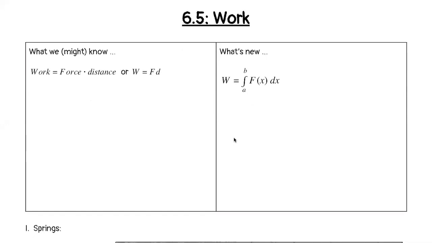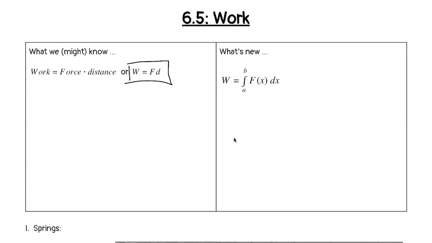You see this formula often as W equals F times D, or work equals force times distance. You might have even seen this in high school physics, but this formula is actually only true for a very specific case.